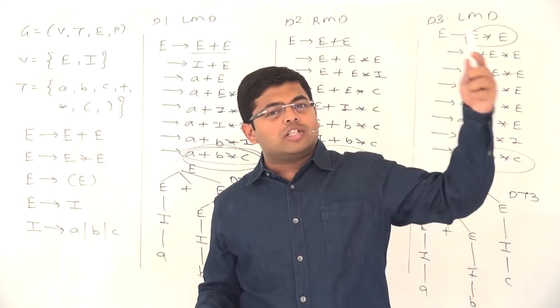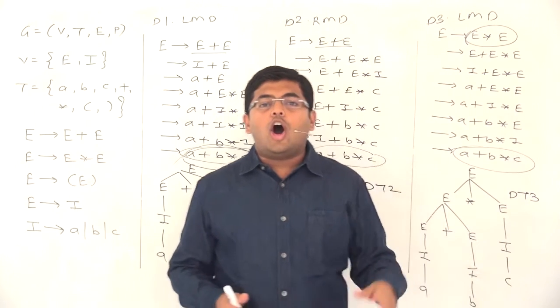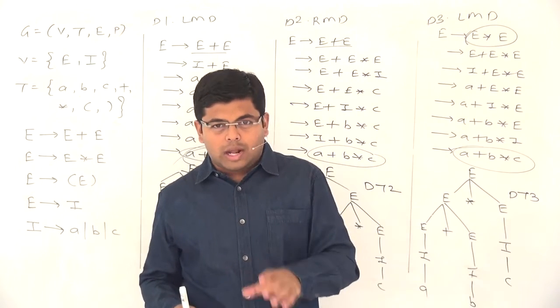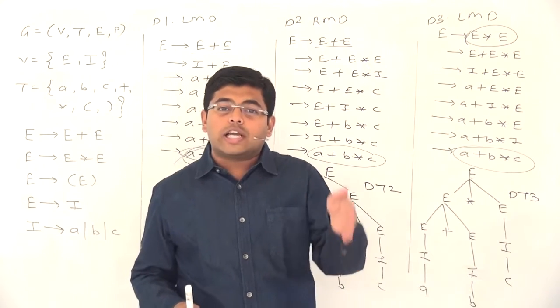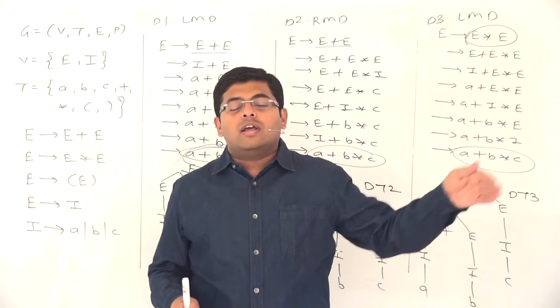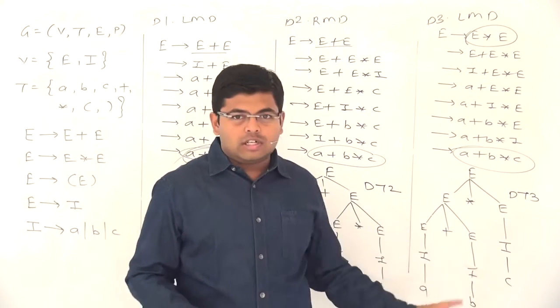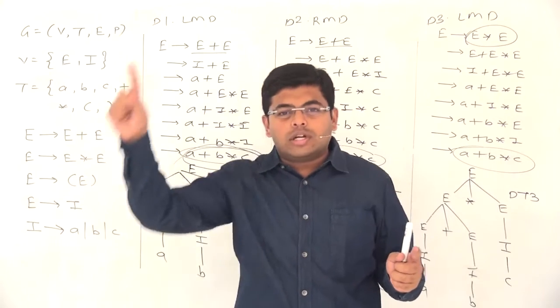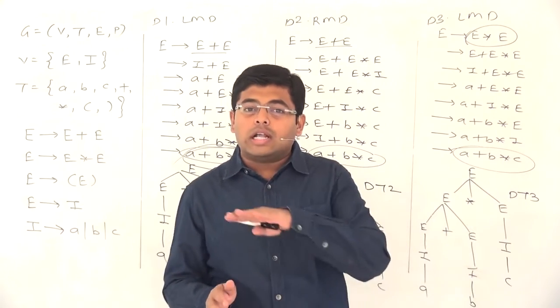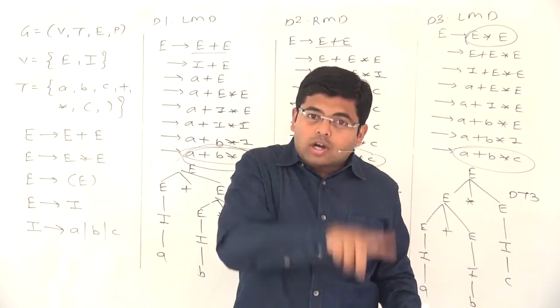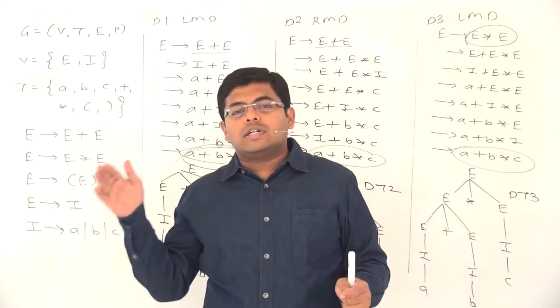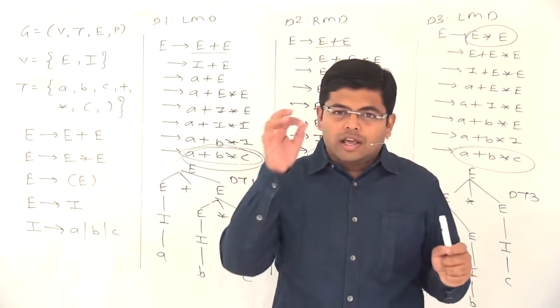So what will be the definition of unambiguous grammar? All the words belonging to that particular grammar, or all the words which can be generated with the help of that grammar, have a unique derivation tree. So if all the words have a unique derivation tree, the grammar will be called unambiguous. If at least one word has multiple derivation trees, the grammar will be called ambiguous grammar.